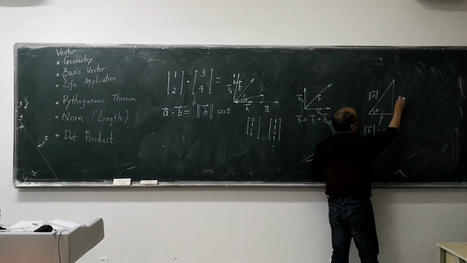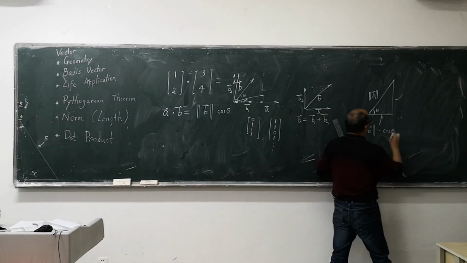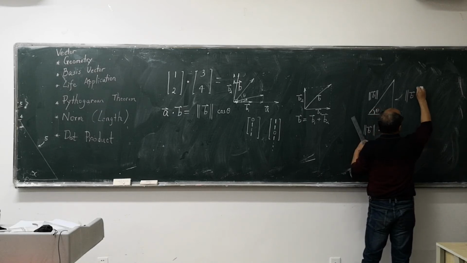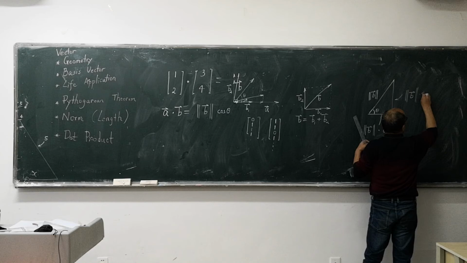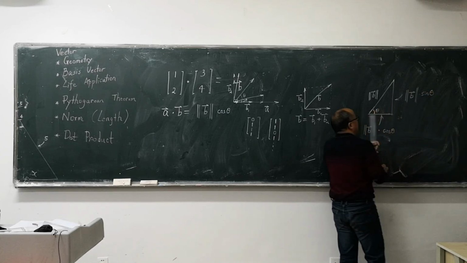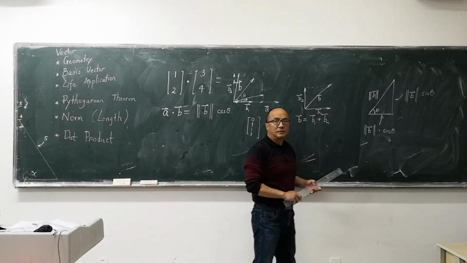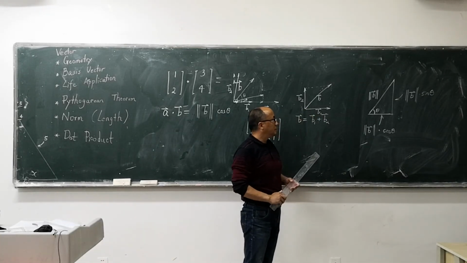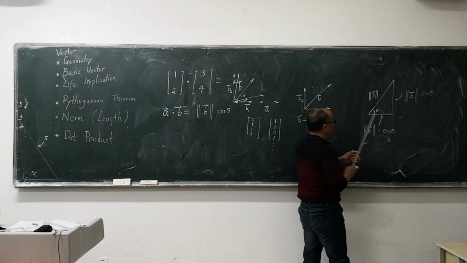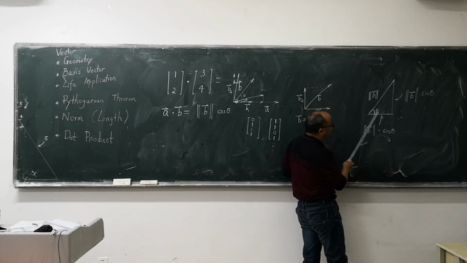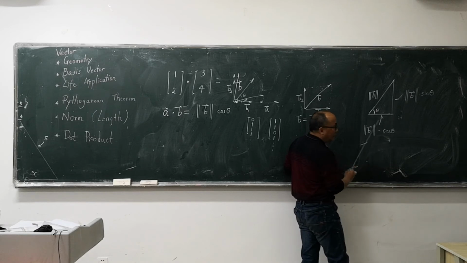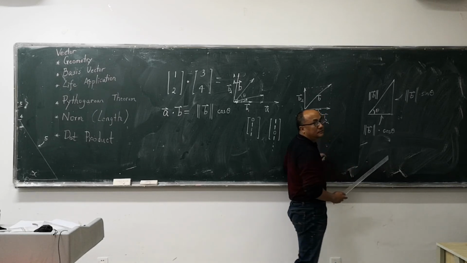This side is what? This side is B length times sine theta. Let's say if this is 1 and this is the angle, then here is the sine theta, here is the cosine theta.